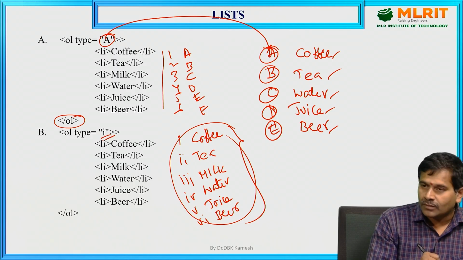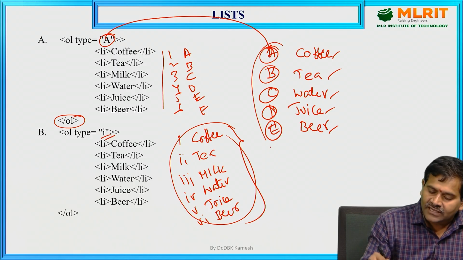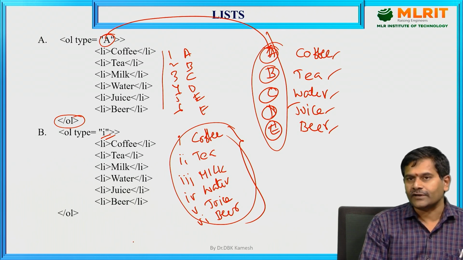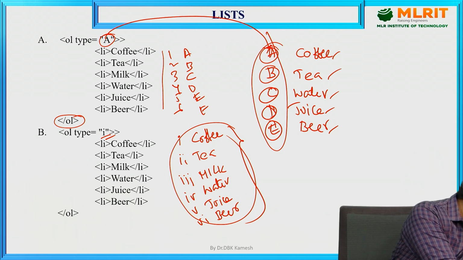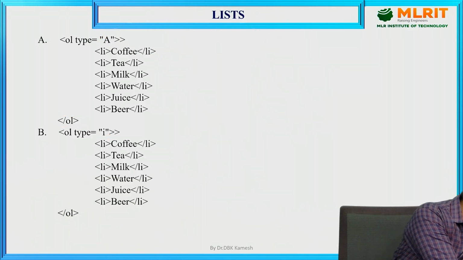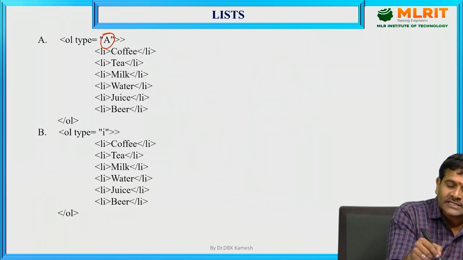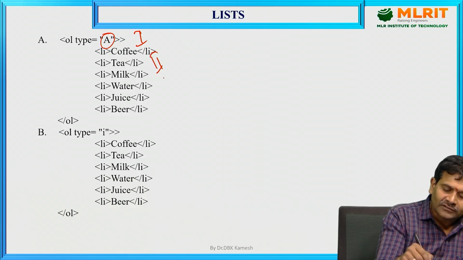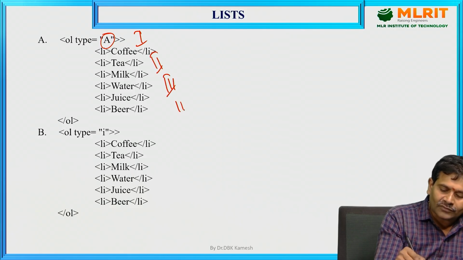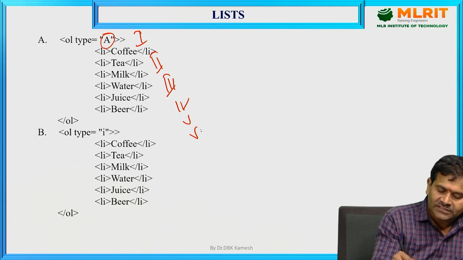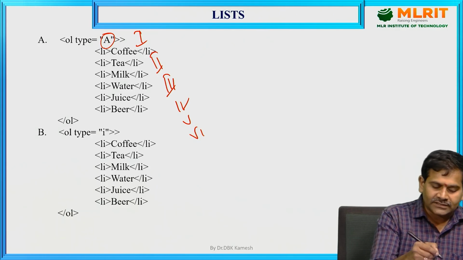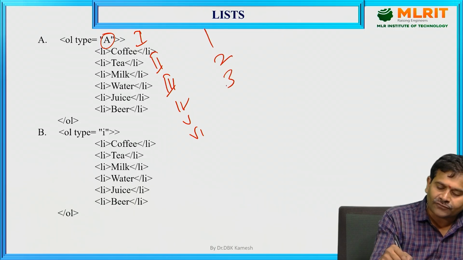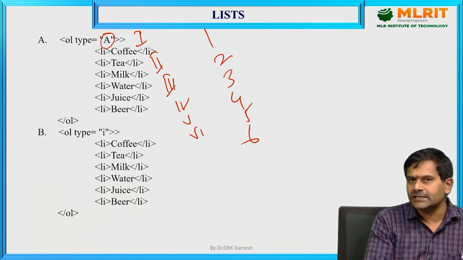This is Roman lowercase, and this is uppercase letters. This is different. These are the examples. Whatever you have given as the type, for example capital Roman letters, 1, 2, 3, 4, 5, 6 will be displayed. Then you can give the default one, which is 1, 2, 3, 4, 5, 6. This is the default one.